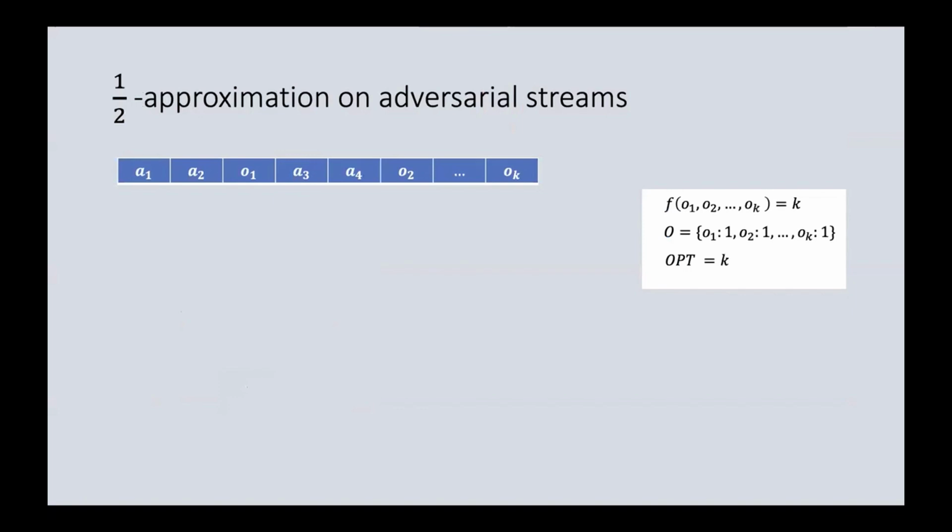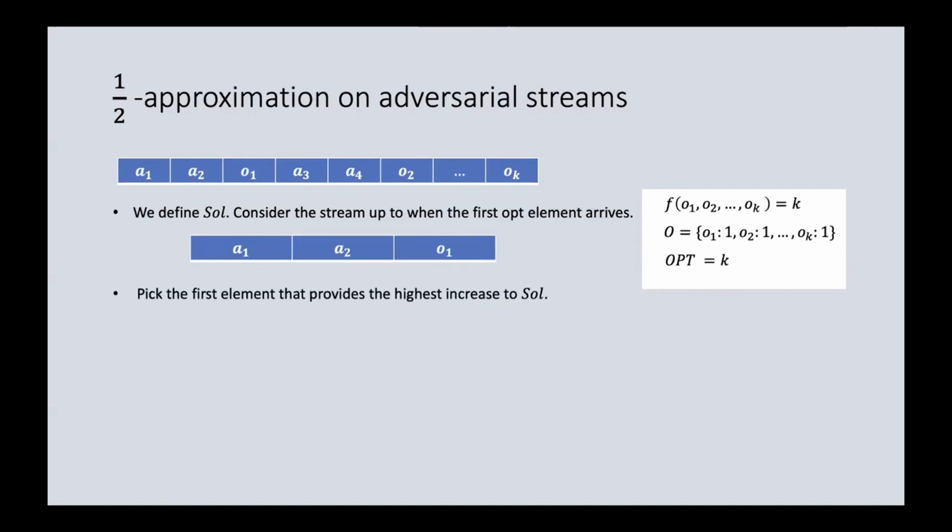So let's see why the algorithm I described on the previous slide is a half approximation. Let's consider that this is the stream we have. I will define a solution sol, which I will prove to be a half approximation later. Let's consider the stream up to when the first opt element arrives. Now we pick the first element that provides the highest increase to sol.